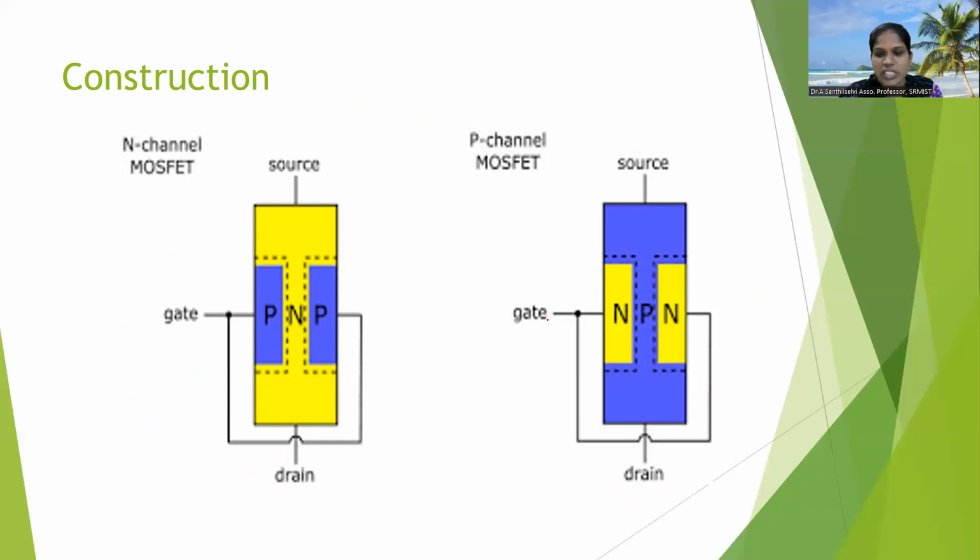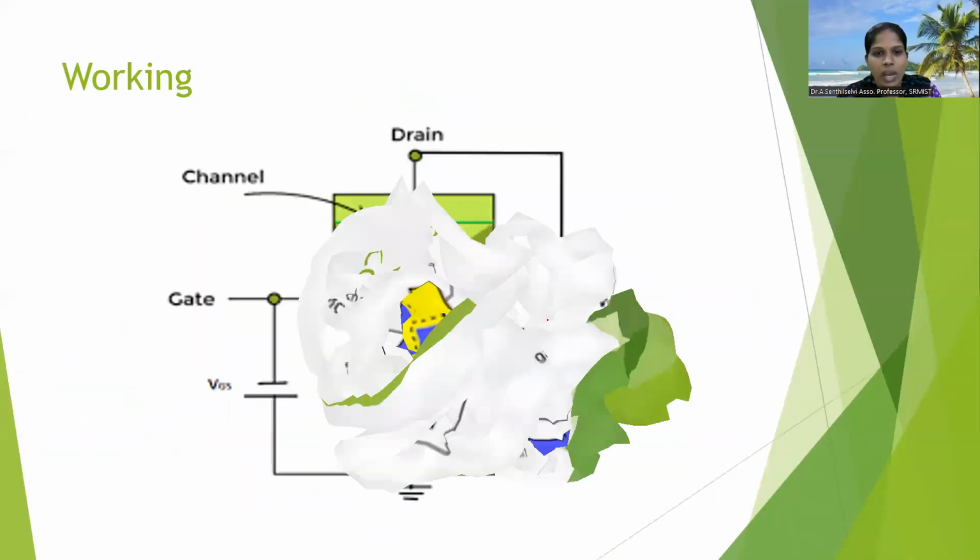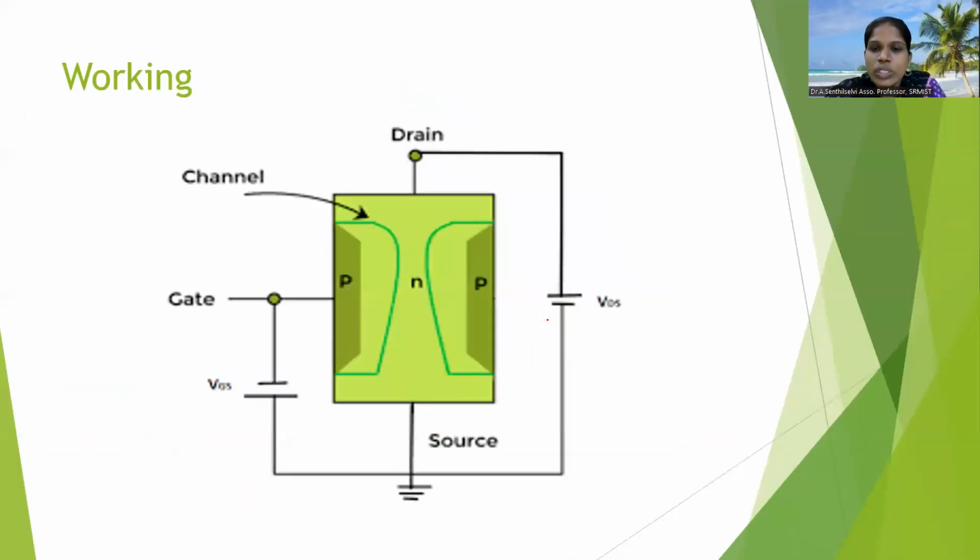This is about construction. Before going to the working, we should know that the FET works in reverse biased condition only. In a BJT, the input side is always forward biased and the output side is always reverse biased, and only then does it work correctly as an amplifier.